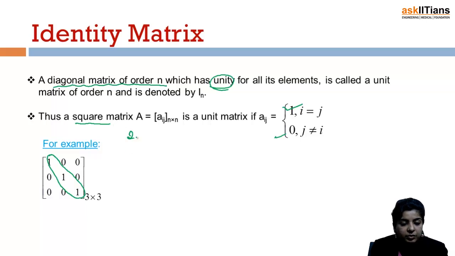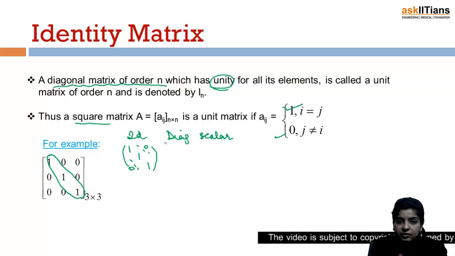So just remember, you should not get confused between identity, diagonal and scalar matrices, right? Because these are a bit confusing because they are a bit the same. So identity, as the name suggests, the diagonal elements have to be 1, rest non-diagonal elements have to be zeros.